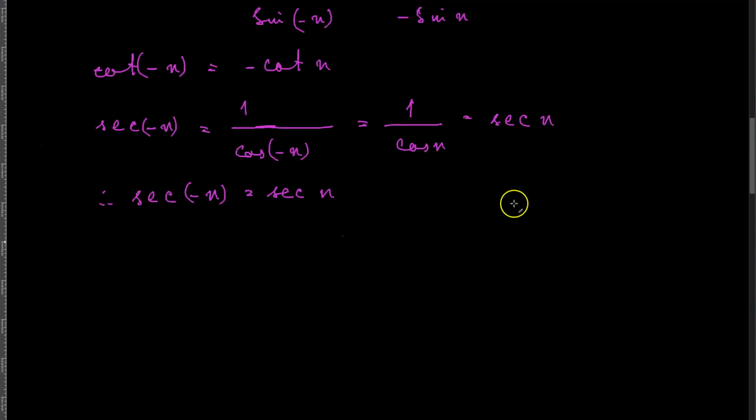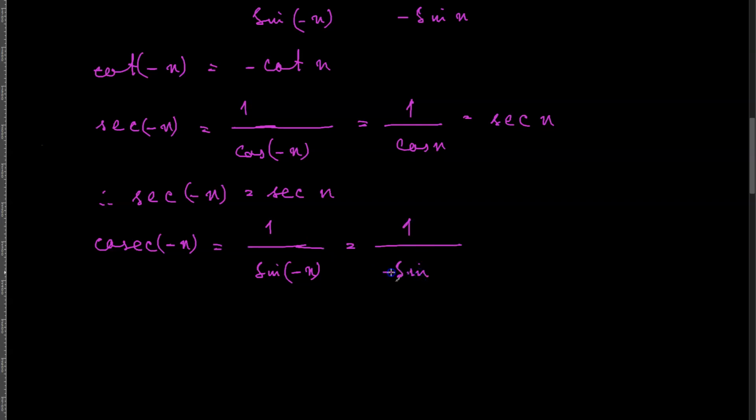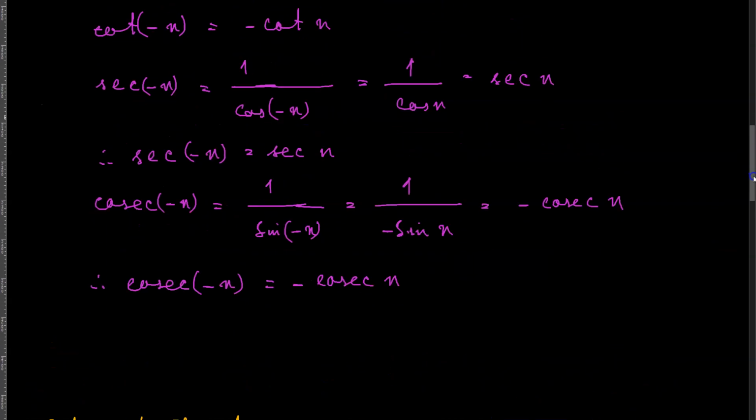And also cosecant of negative x is equal to 1 over sine of negative x, which is equal to 1 over negative sine of x, which is equal to negative cosecant x. Which means that cosecant of negative x is equal to negative cosecant x, right?